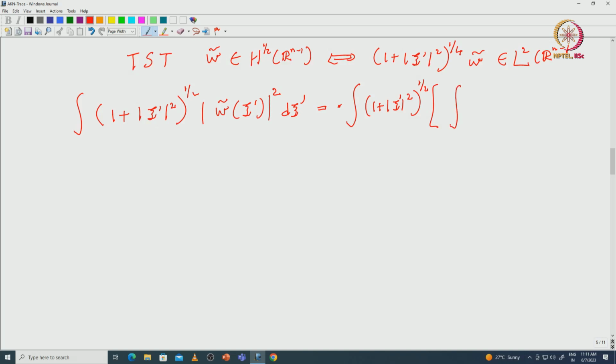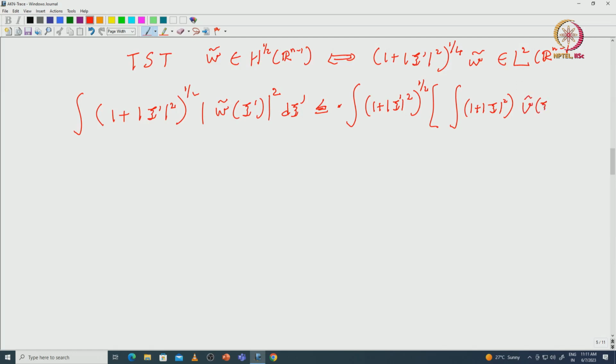W tilde is the integral of V hat. Maybe eventually you can put in a constant. I will do some multiplications: 1 plus modulus psi square. This is an extra multiplication, I am doing it because you know where V belongs. You will have V hat of psi.